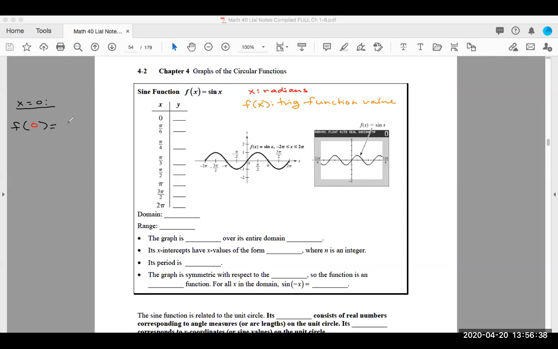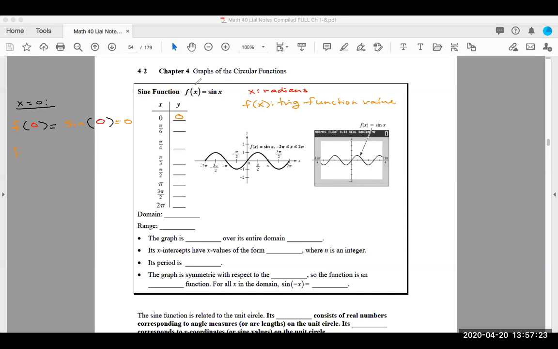Let me try to color code to the best of my abilities. Okay, so my function value at x equals 0 radians will be given by sine of 0 radians. And we already saw that that comes out to 0.